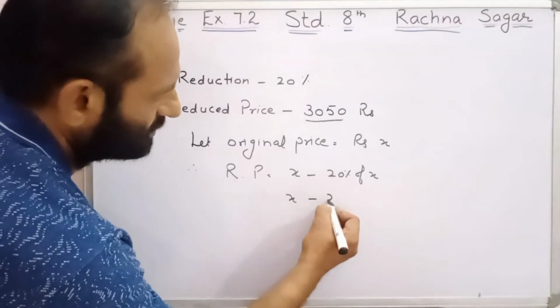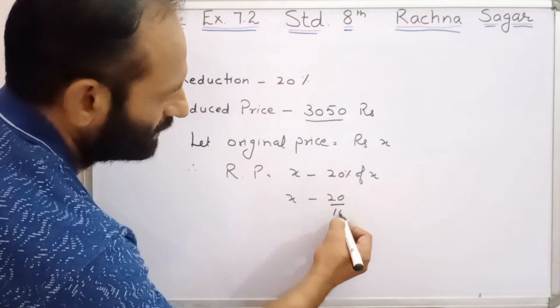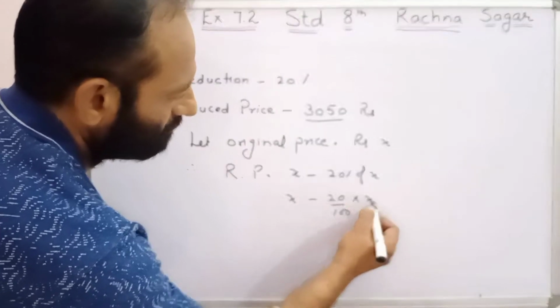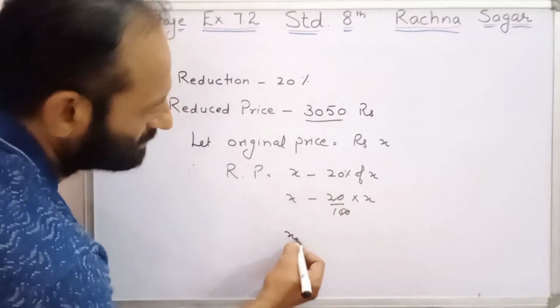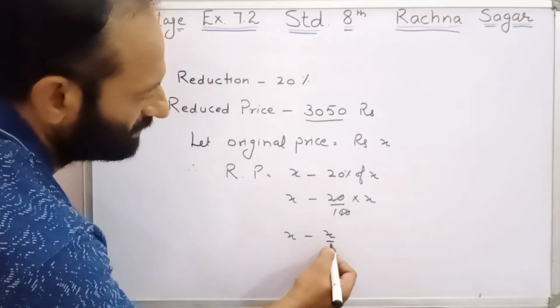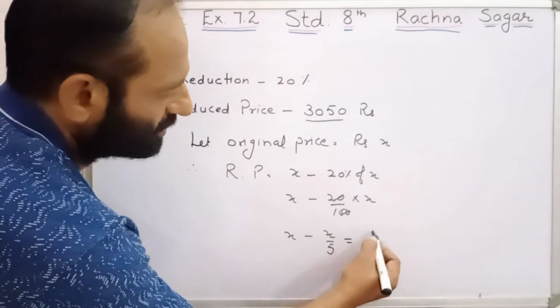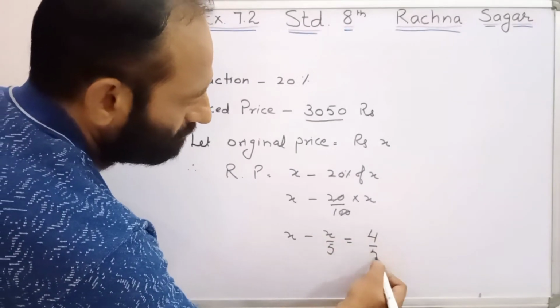X minus 20 over 100 into X, that is X minus X by 5, and we get it is equal to 4 by 5X.